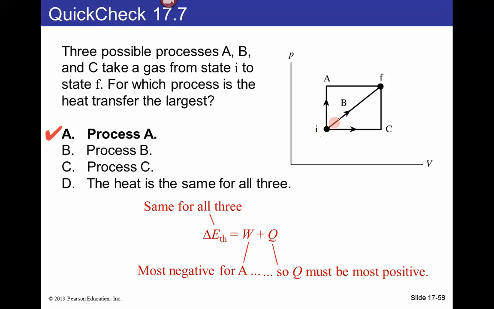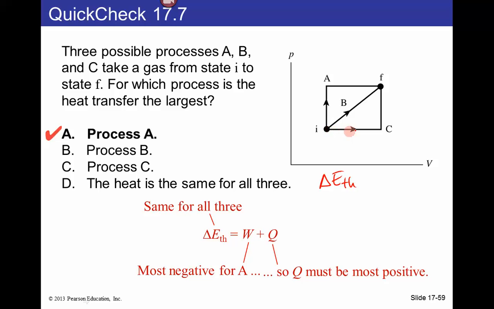But also, the change in energy, delta E thermal, is the same for the three processes because the change in total energy only depends on the final and initial states. It doesn't depend on how you go from one state to the other. So delta E is the same for all three.